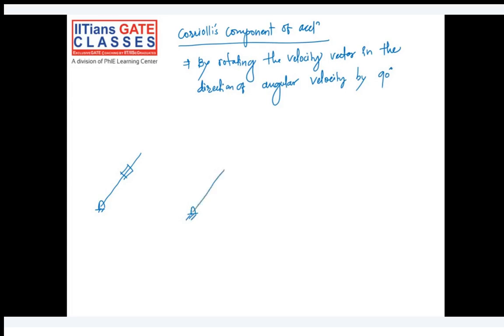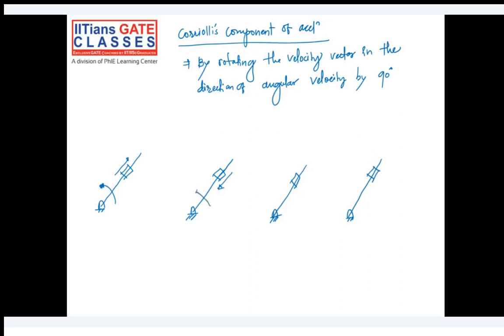So what is the Coriolis component of acceleration? The Coriolis component of the acceleration is given by 2v omega. As I said, it's the combined effect of the velocity of the slider and the omega, which is the rotation of this link.